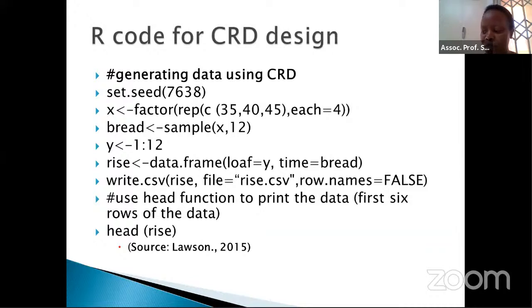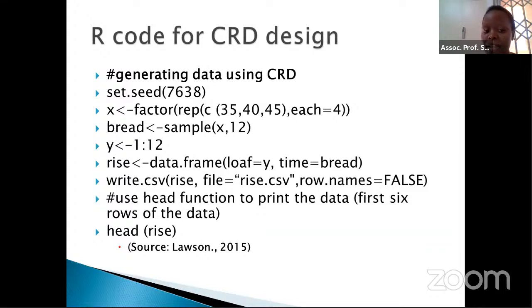So the function factor creates a vector of the factor levels for rising time and stores it in a variable X. Then when we go to bread, the function sample randomizes the order of the factor levels and stores the randomized vector in the variable bread.